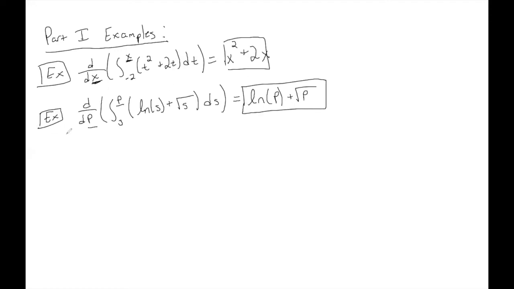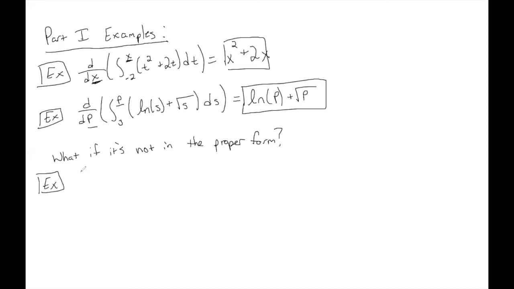Now, there are some different versions that we could do. Sometimes it's not in the proper form. So what if it's not in the proper form? And what do I mean by that?